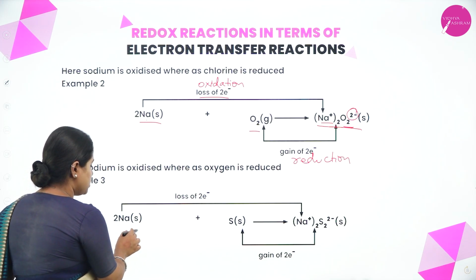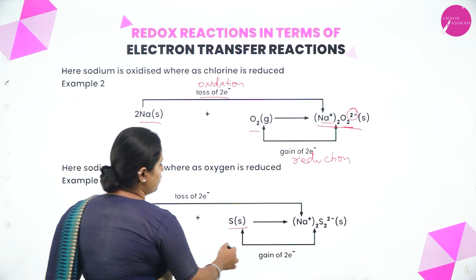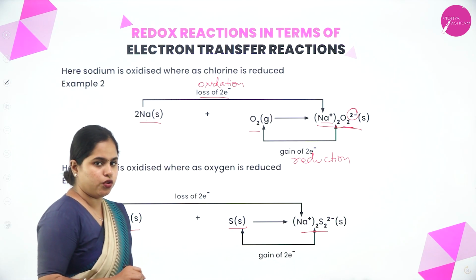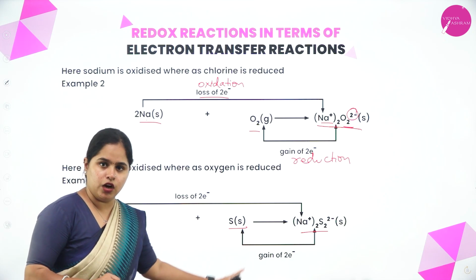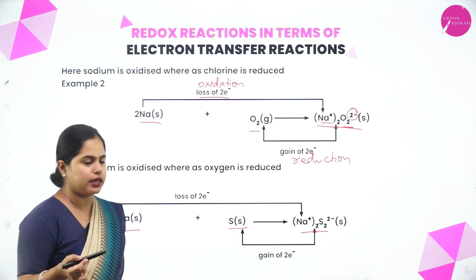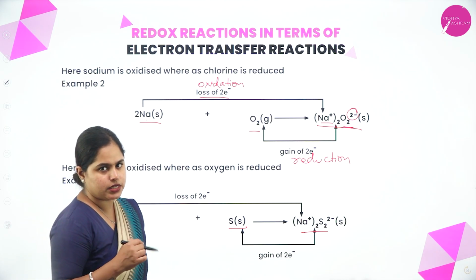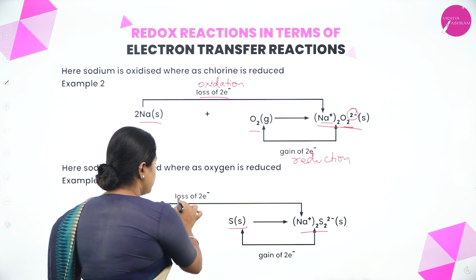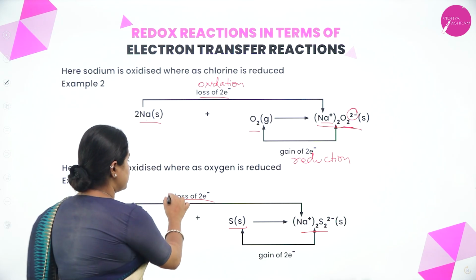Now the next one, again sodium combines with sulfur and forms sodium sulfide. Here also you can see 2 electrons are being lost from sodium. It undergoes oxidation and forms Na plus, right? And how many Na plus? 2 Na plus. So what happens? There is loss of 2 electrons. Again, this is an oxidation process.